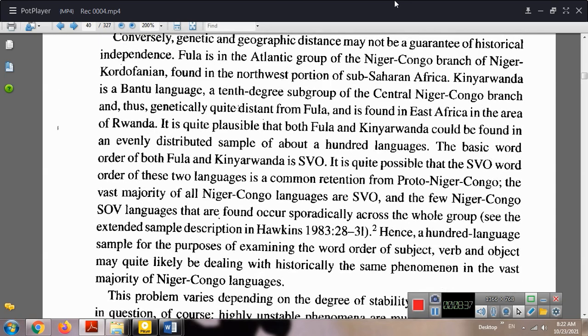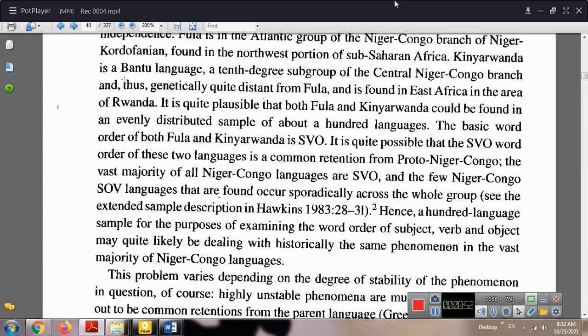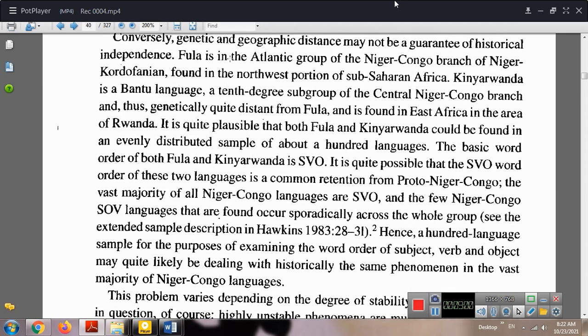It is here, dear student, that we will read the example for this matter: that genetic and geographical distance may not be a guarantee of historical independence. Okay, we saw that these two languages, Fula and Kinyarwanda, are different from each other.